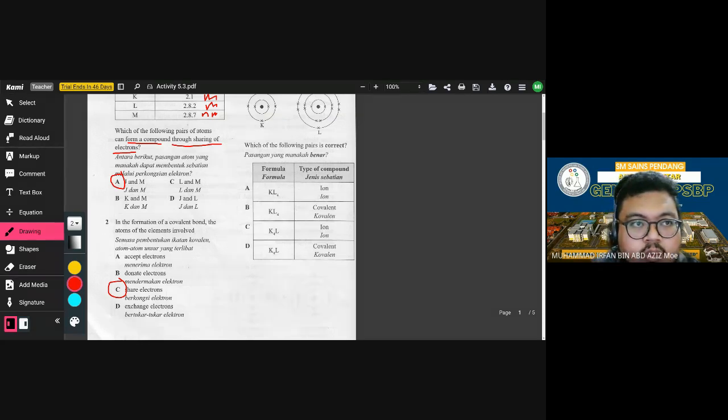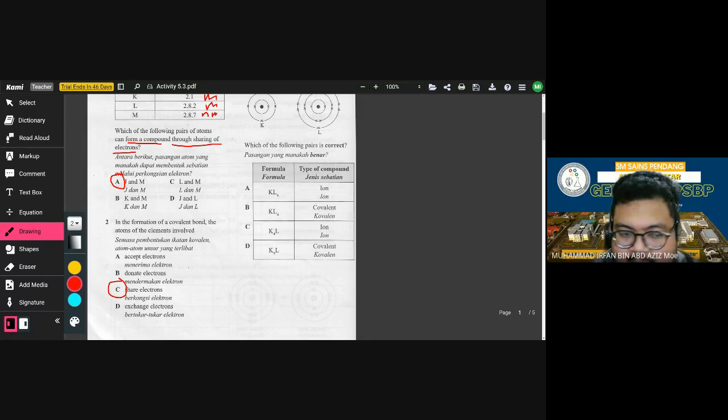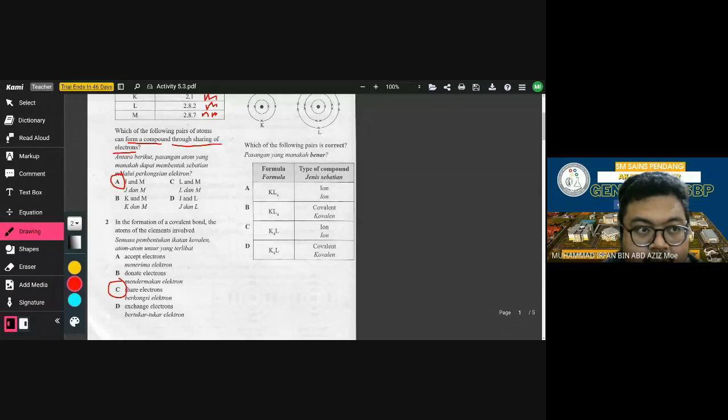Because accept electrons is specific for anion. Donate electrons is specific for cation. Okay, while ionic bond is the transfer of electrons or the exchange of electrons. That's the difference. So don't confuse with the terms though.